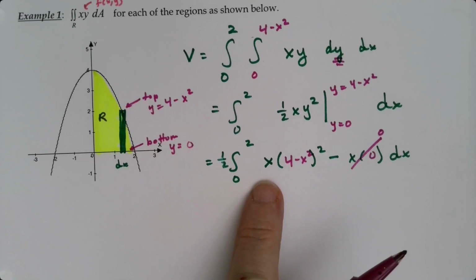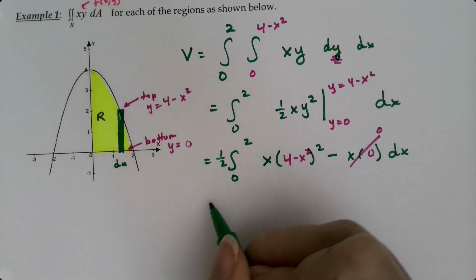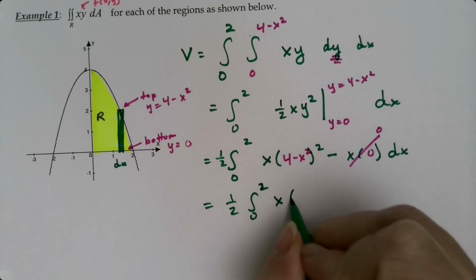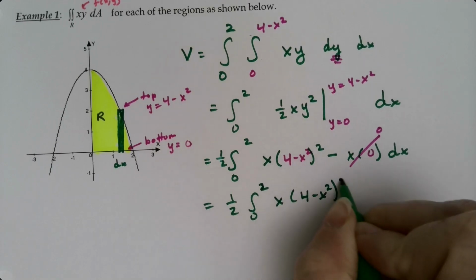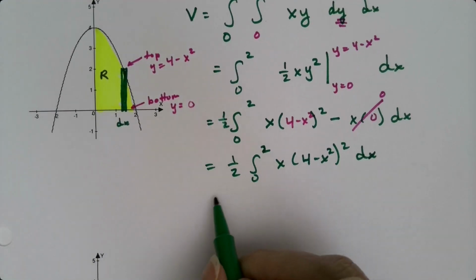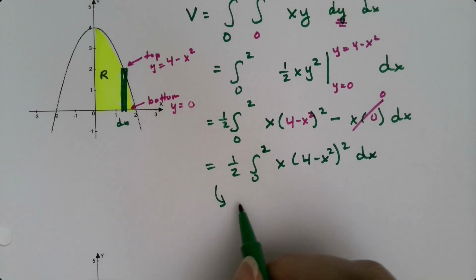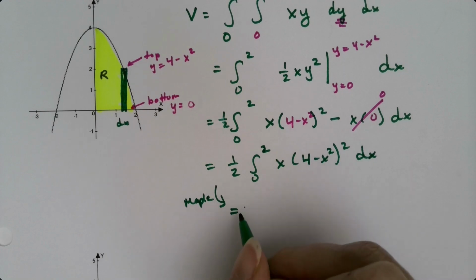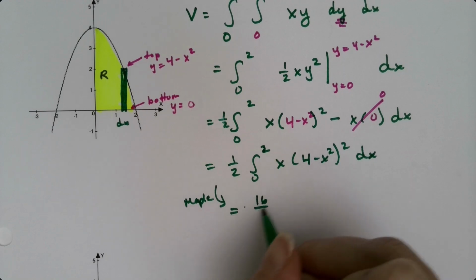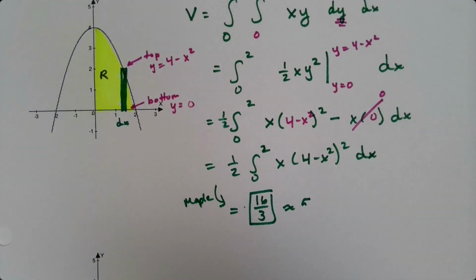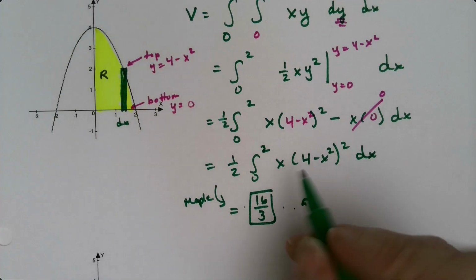So that means I'm integrating 1/2 times the integral from 0 to 2 of x times 4 minus x squared with respect to x. And we're just going to make Maple do that last bit. We just make a note that we used Maple, and we're going to come up with an answer, which is 16/3, or approximately, well, not even approximately, it's exactly 5.3 repeating.